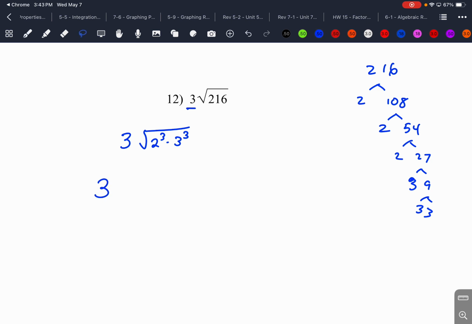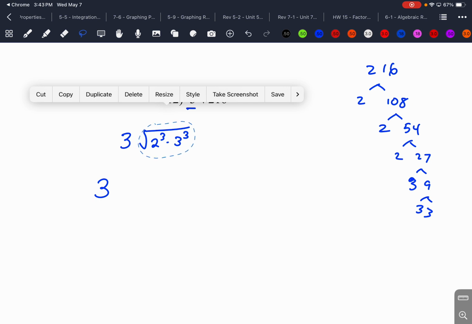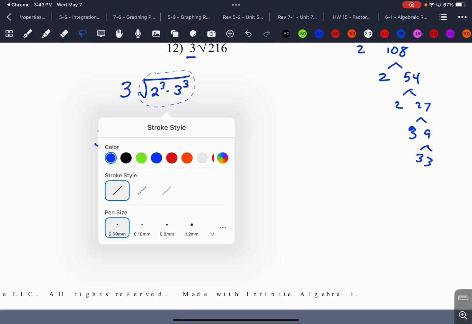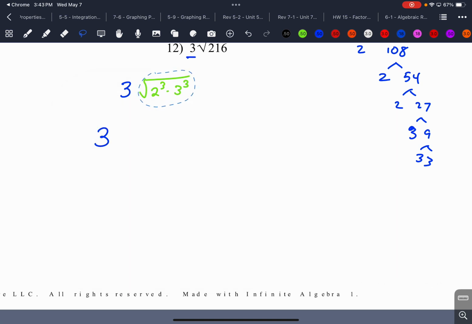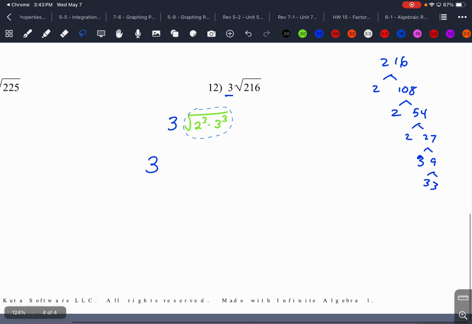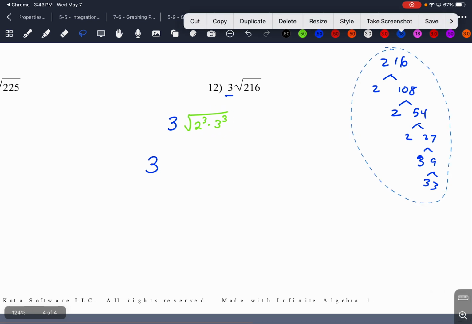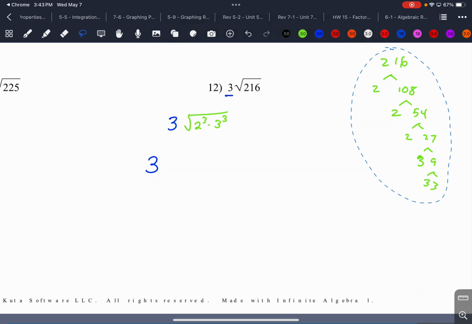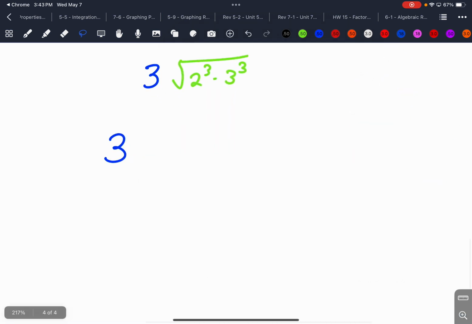Actually, let me demonstrate this by doing this with a different color. So the 3 is in blue and it's chilling out here, right? But then from here, I'm going to show all the steps, but you can think of it as a 2 and a 3 are coming out and a 2 and a 3 are left in, okay?